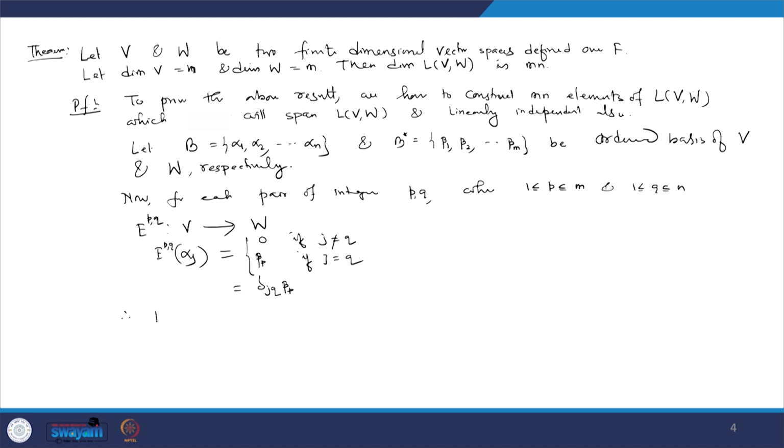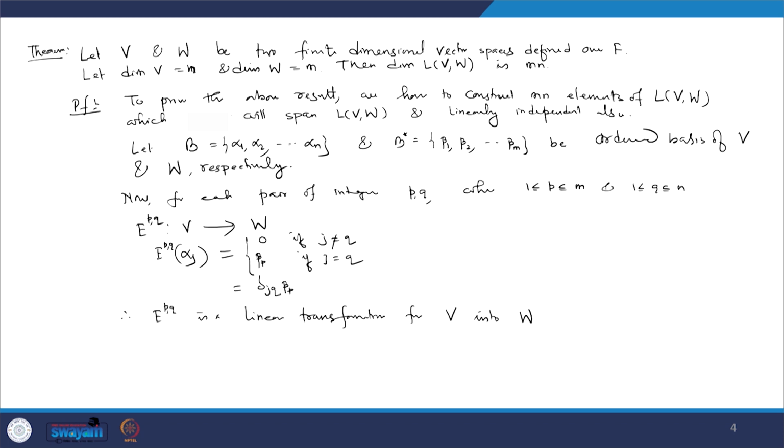So, E_pq is a linear transformation from V into W. How can I say that E_pq is a linear transformation from V into W?